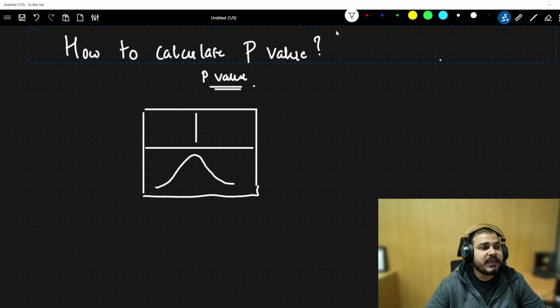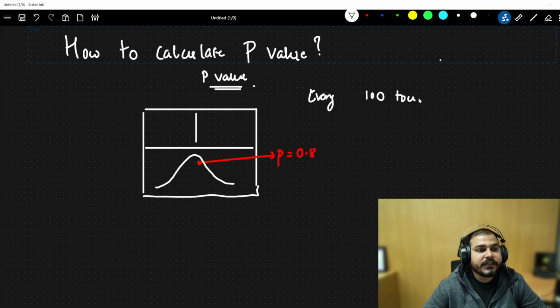And suppose at this point my p-value is 0.8. This basically means that out of every 100 touches, in this region I will be touching 80 times. So this is basically the probability of touches that I am going to do.